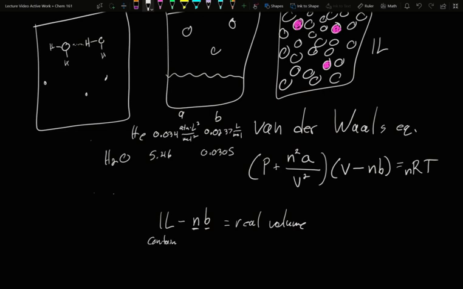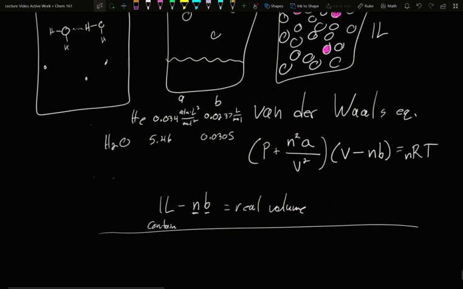Water has an immense attraction to other waters, where helium, being just a single free-floating atom, doesn't have any charge on it, and so it doesn't have almost any attraction to nearby atoms. These components can be combined in order to calculate out your actual values.